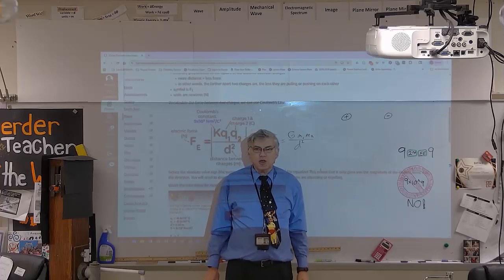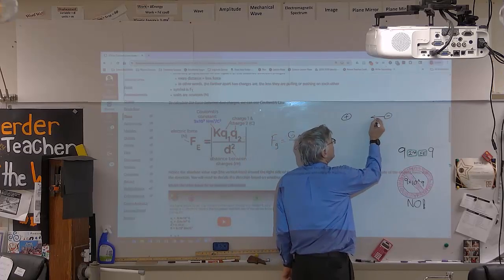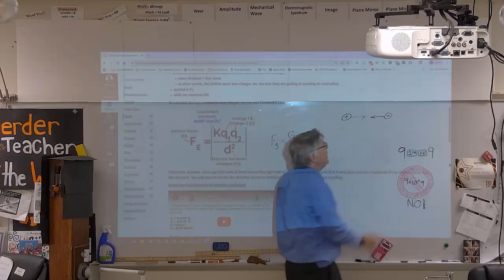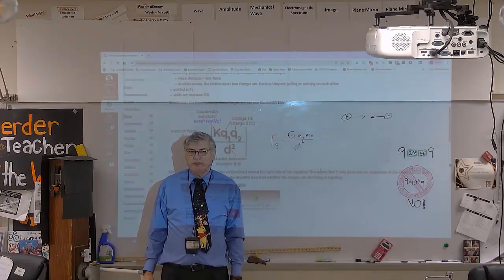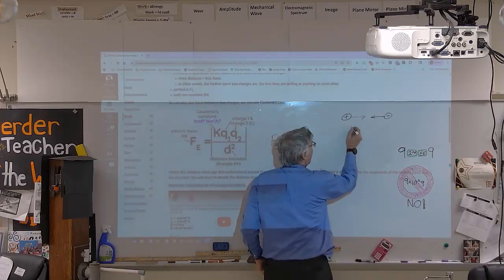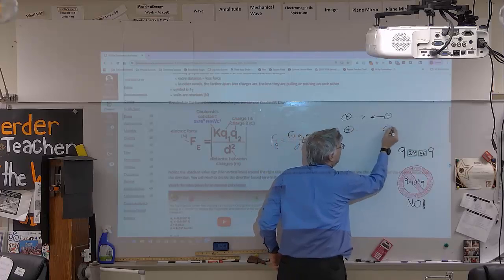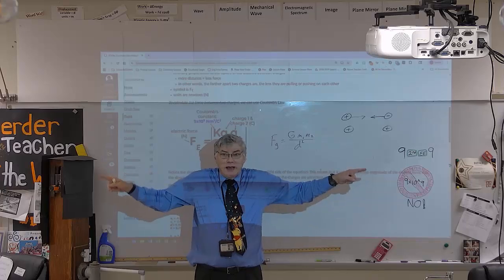What direction is the force on the charges? They're attracted. So one of them is this way and one of them is this way. So what is the positive negative thing about? It's about nothing. Okay? What if these 2 were both positive? They would repel. Which direction would the charges be? That way. Yeah.